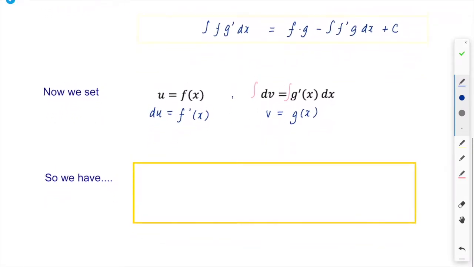On the left side, I have the integral of f, so f now is u, g prime dx is dv, equals f is u, g is v, minus the integral of f prime. Well, f prime dx is du, and g is v. And this is the formula for integration by parts.